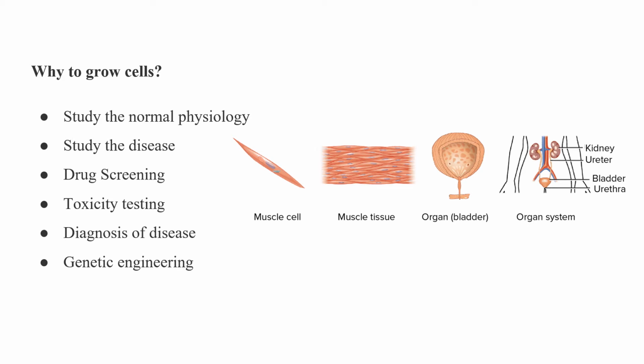So these cells can be used for diagnosis in some particular diseases. For example, in cancer, there are maladaptive changes in the cells, and cell culture can be used to diagnose the disease also.